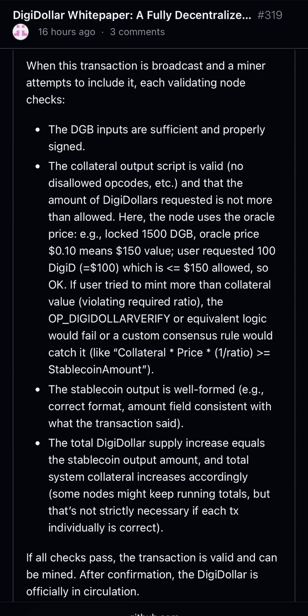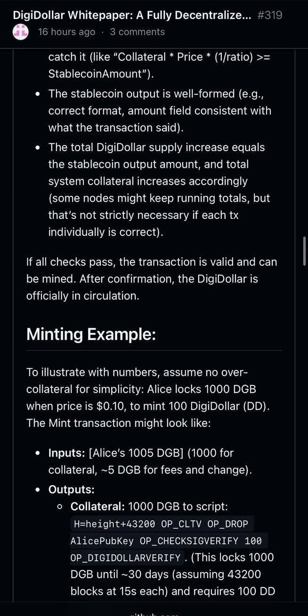If the user tried to mint more than the collateral value allows, violating the required ratio, the OP_DigiDollar_VERIFY or equivalent logic would fail, or a custom consensus rule would catch it, like collateral price divided by ratio equals stablecoin amount. The stablecoin output is well-formed, e.g., correct format, amount field consistent with what the transaction said.